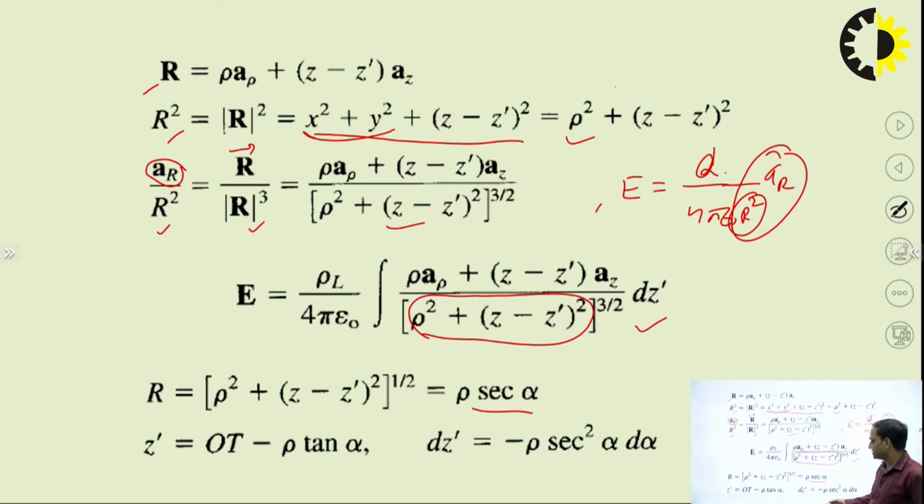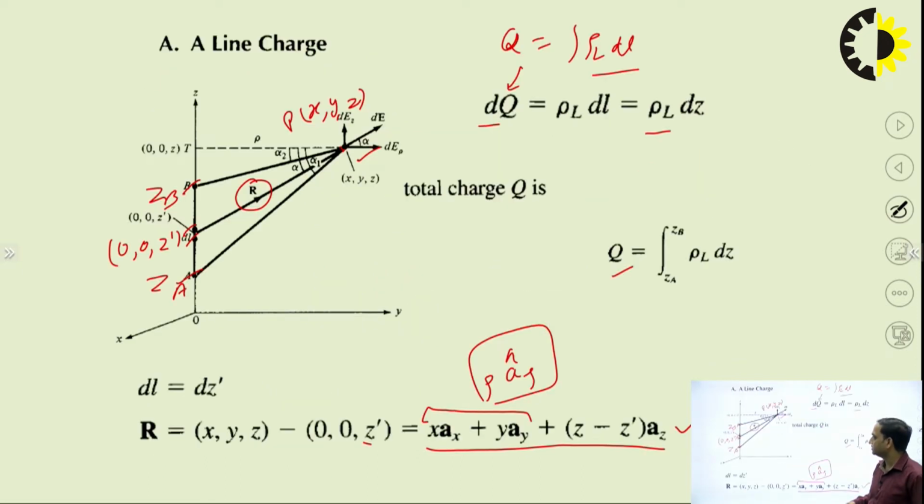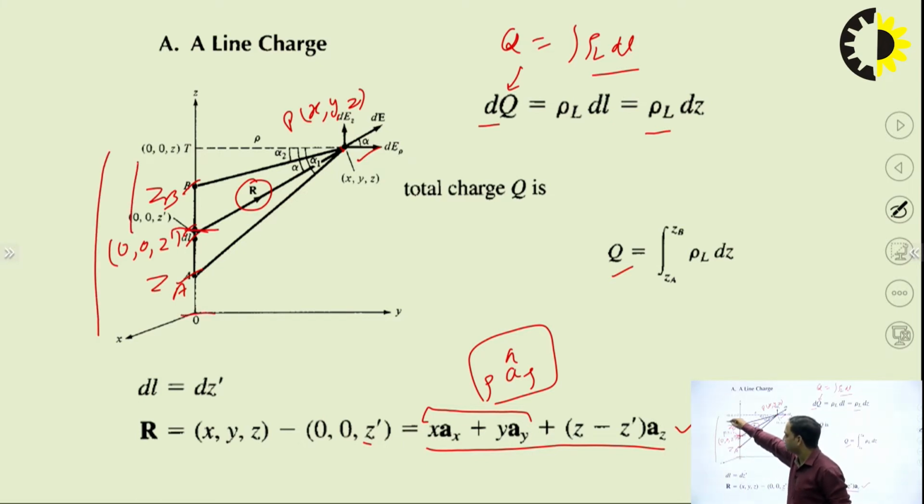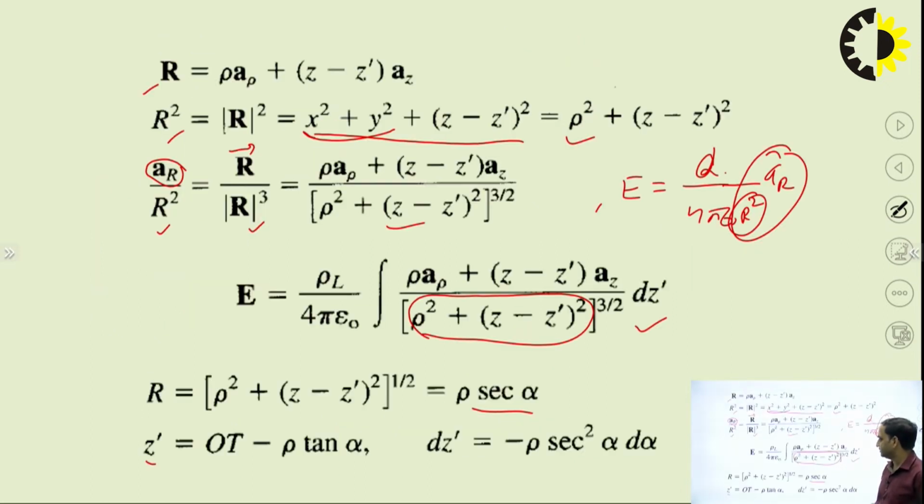Okay, so z dash, if we go back, this z dash will be what? This complete z minus this portion. This portion is nothing but rho is here, alpha is there, then rho tan alpha will give this expression, right?